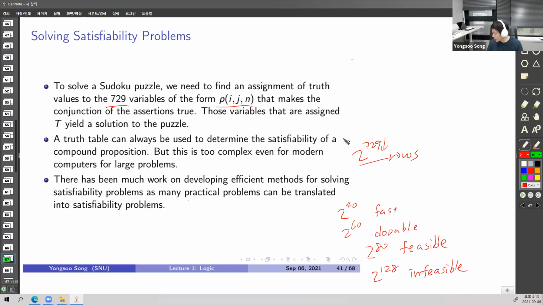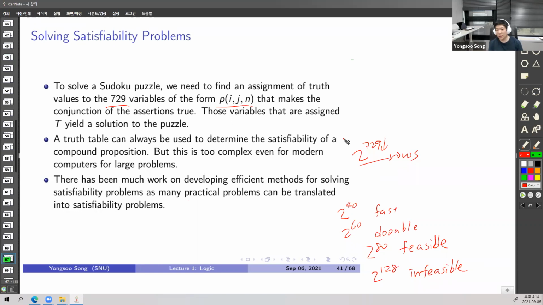Okay, so I said this truth table is too large to be computed. And of course, there has been a lot of research to develop much more efficient algorithms for Sudoku. But as I said, the SAT problem takes 2 to the n time in the worst case. One interesting fact is that there are some NP complete problems which may have a great impact in real life.